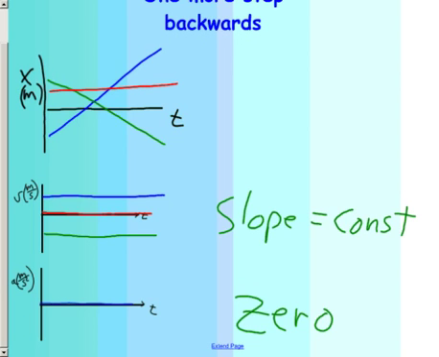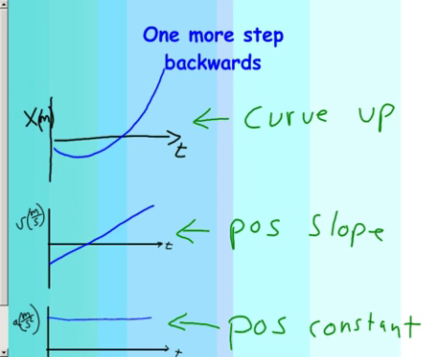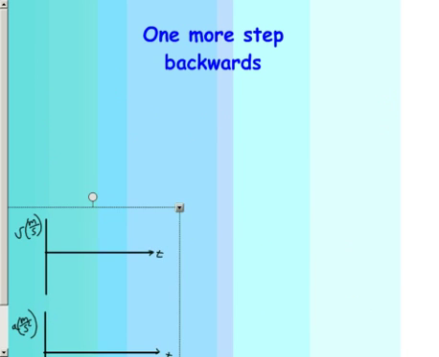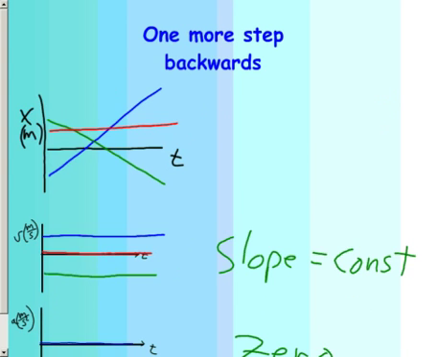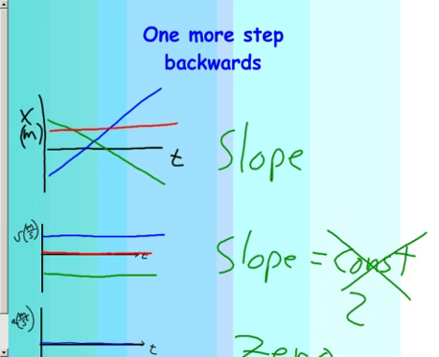Oh, I'm sorry, I did that wrong. The slope isn't a constant on this one. I totally screwed up. My slope is 0. I'm sorry about that. And here, my slope is constant.